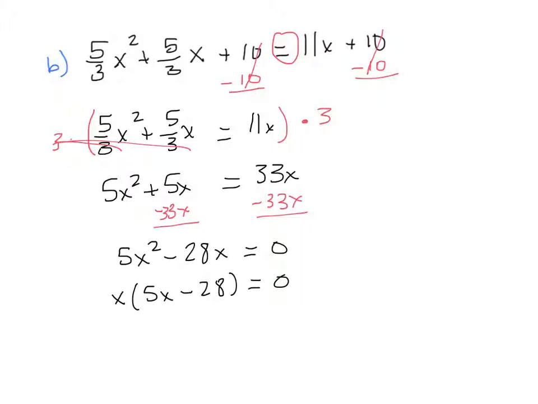The solutions here are either x equals 0, or 5x minus 28 equals 0. X equals 0 doesn't make a lot of sense. That means we're not moving, we're not running or walking. So I'm going to throw that one out. And now I simply need to solve 5x minus 28 equals 0. And I'll leave that up to you, but it looks like it's going to be around 5.6.